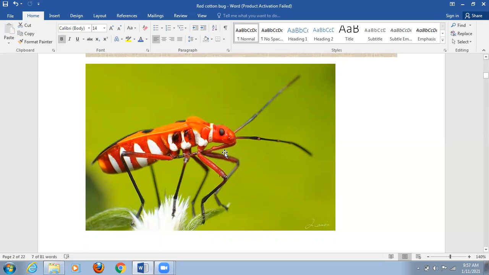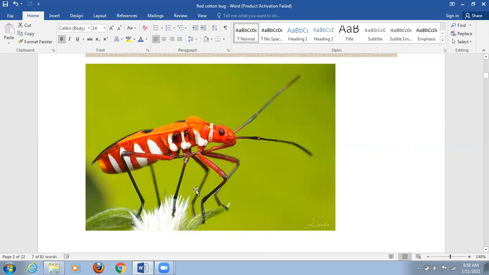So this particular animal has piercing and sucking mouth parts, forming the straight beak, or rostrum. The rostrum helps in sucking the juice from the flowering plant.